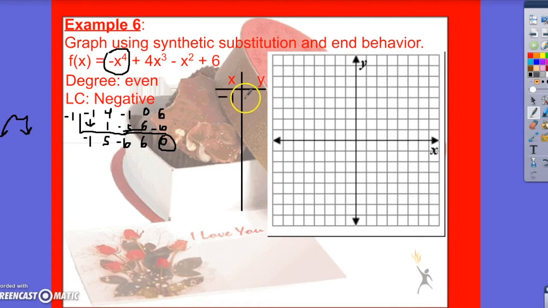First number I get is 0. All right, so -1, 0 is here. I need a second point. Let's continue on. Let's do 0. So like I said, synthetic's going to save you some time.